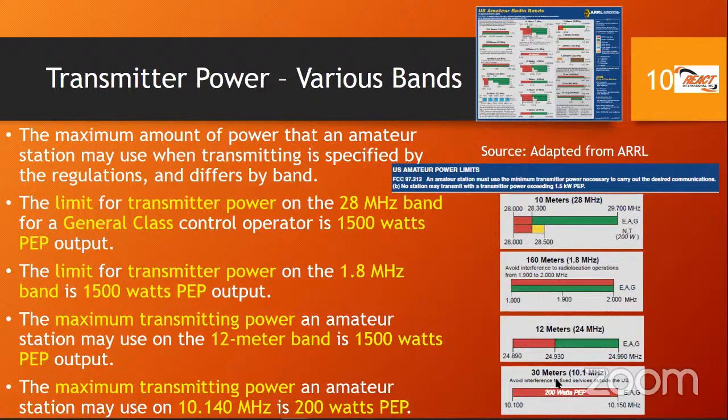You can't do voice, you can't do image. But notice also that you're limited to 200 watts. So you need to learn for the 30-meter band or the 10 megahertz band, 200 watts peak envelope power. And that's the point of the last bullet point here. The maximum transmit power on 10.140 megahertz is 200 watts PEP.